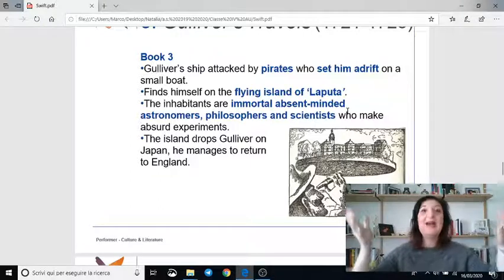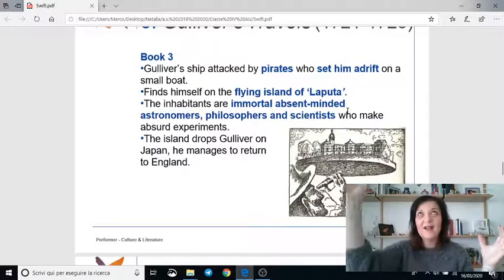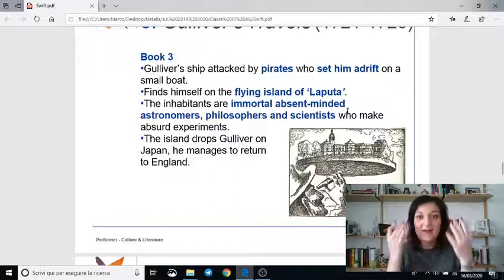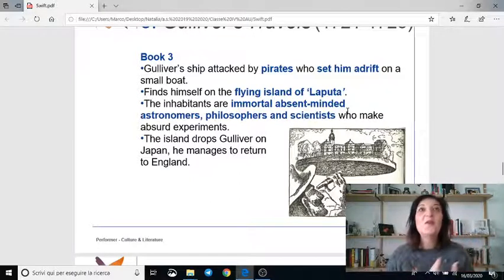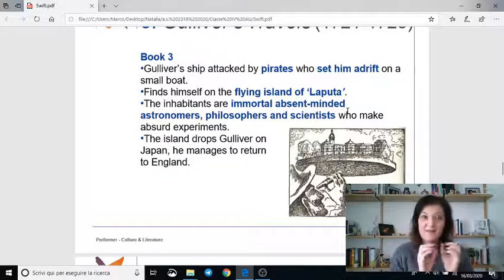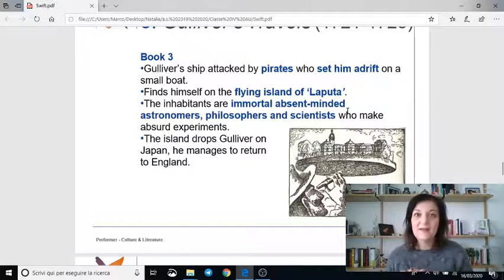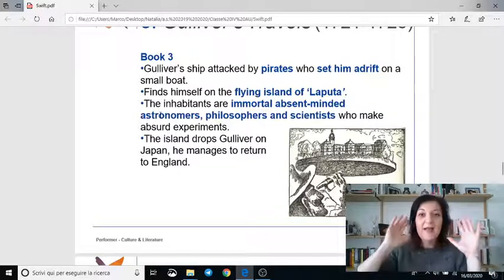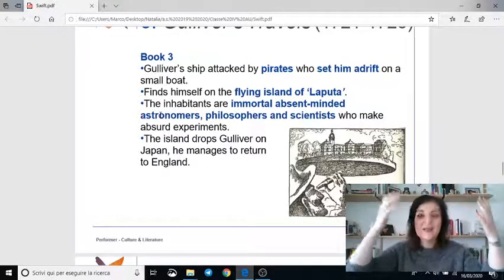Okay, as the island is a flying one, so it is surrounded in the sky by clouds, so are the heads of the astronomers, philosophers, and scientists who are its inhabitants, who live there. So he finds himself on a flying island, and all the inhabitants of this island, who are scientists, philosophers, and astronomers, have their heads in the clouds.